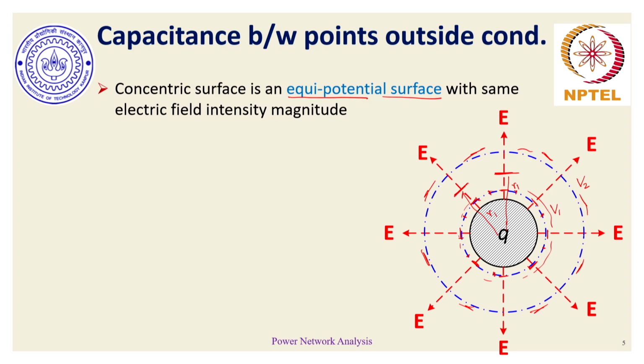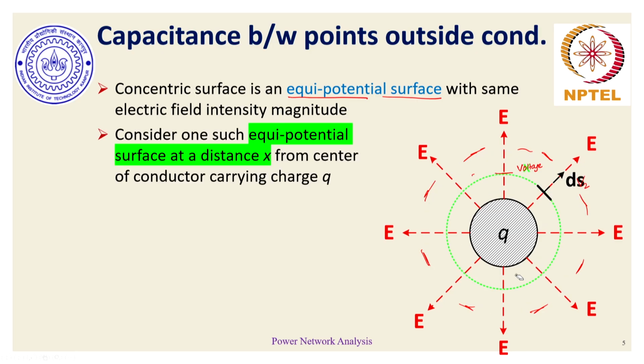In terms of electric field lines, that orthogonal surface is nothing but the potential or the voltage itself. So if these two surfaces have the same attributes, their voltages with respect to a common reference would also be the same. That's the reason why any concentric circle around the charged conductor represents the blue circles, which are equipotential surfaces.